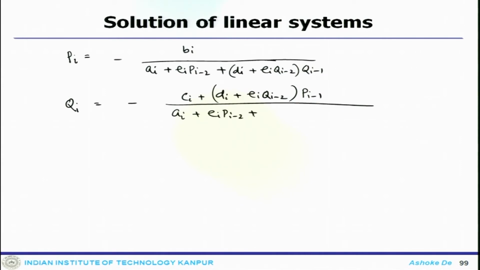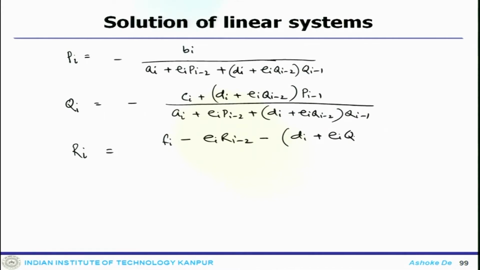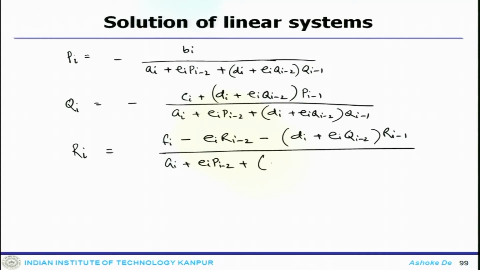The last one is Ri, which is Fi minus Ei Ri minus 2 minus Di plus Ei Qi minus 2 into Ri minus 1, and the denominator is the same, Ai plus Ei Pi minus 2 plus Di plus Ei Qi minus 2 Qi minus 1.